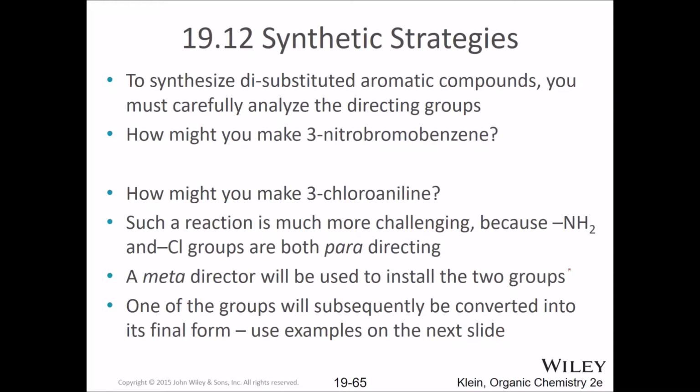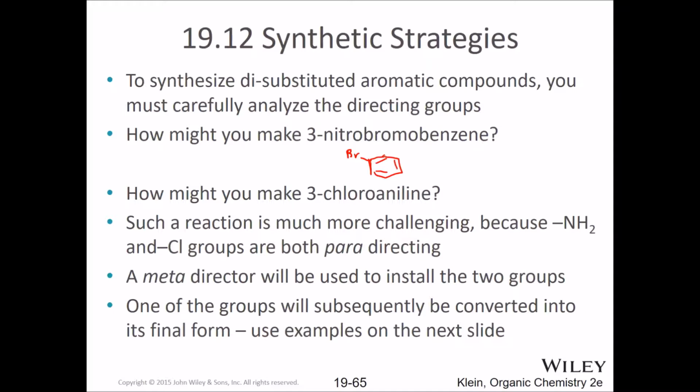All right, so let's talk about some ways to synthesize things, or some strategies that we can consider. So to synthesize disubstituted aromatic compounds, you have to carefully think about what direction is going on. For example, how would you make 3-nitrobromobenzene? Okay, so here's my benzene. I didn't leave enough room up here at the top for that.